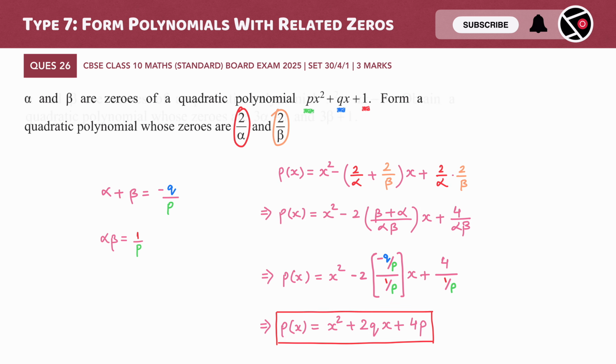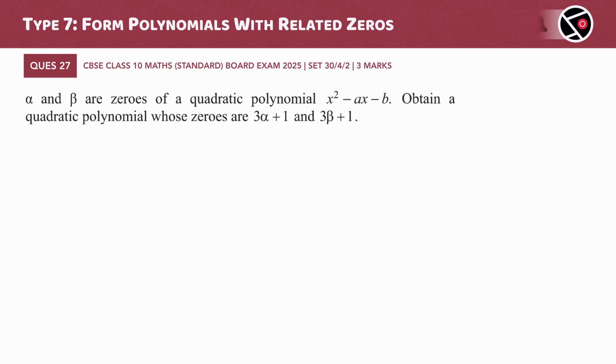Here is another very similar question. Apply the same approach as the previous one and try solving it yourself. Alright, for the given polynomial, coefficients are a is 1, b is minus a, and c is minus b. Be very careful here.